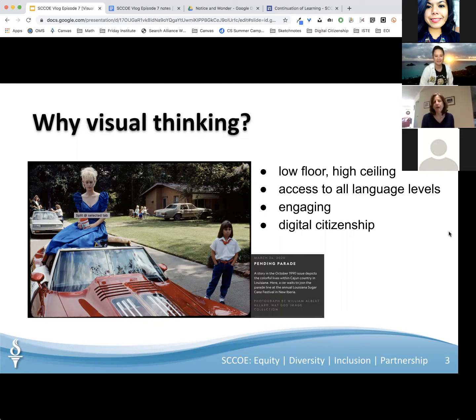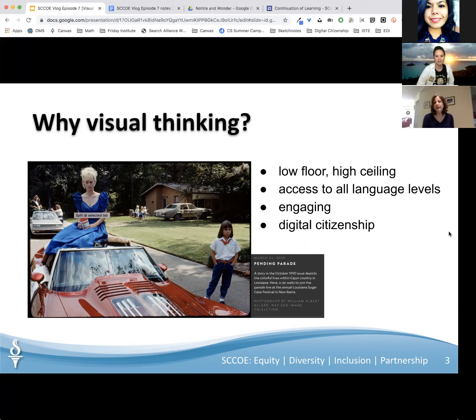But why are we talking about visual thinking? It is one of those opportunities that reaches all the learners in your classroom. It's a concept that addresses both Universal Design for Thinking and your LPAC goals, where every child, regardless of their language levels or where they're at in their learning, can participate fully and really spur some conversation and engagement and building connections in their classroom.